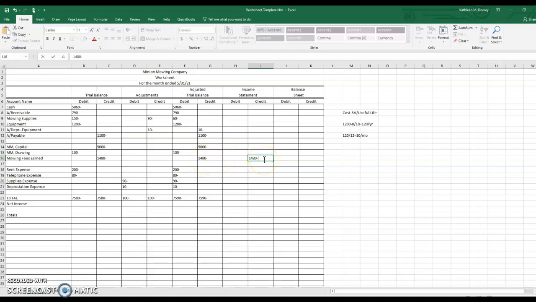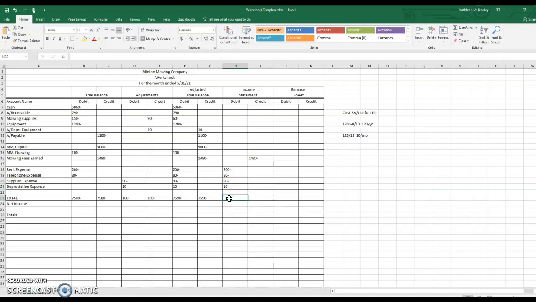It's going to be 1480 credit on the income statement column. Then all of these four things we have are expenses. They're all debit balances. They're all going to copy over at the same number. There's no adding or subtracting here. It's just copying, just making sure that you only have revenues and expenses on the income statement.